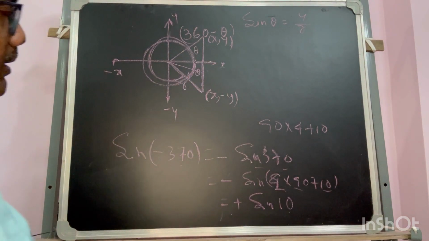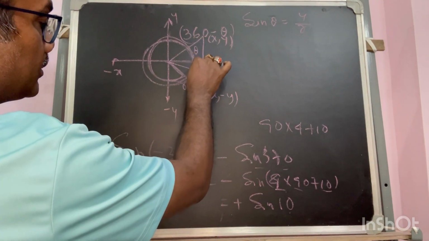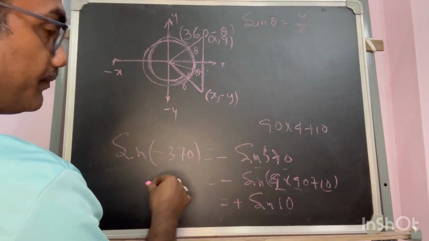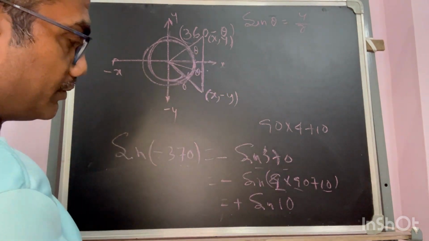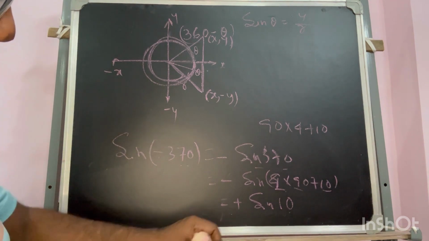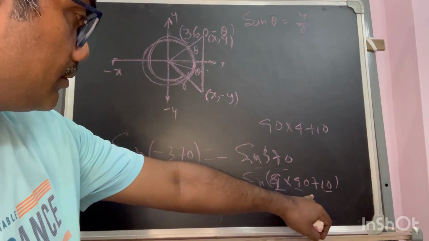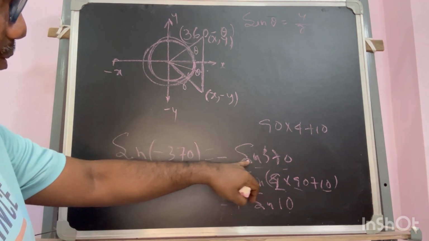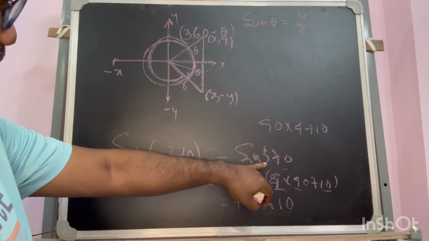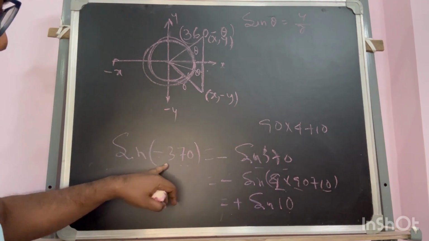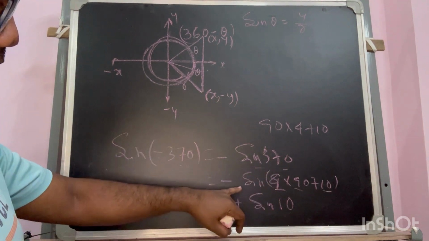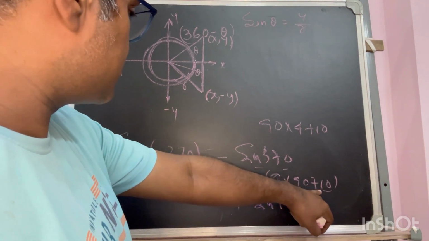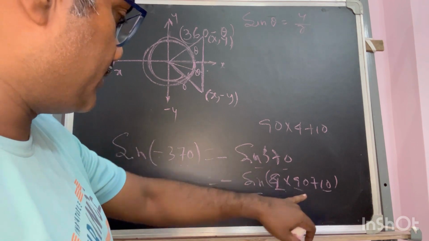After crossing 360, it is moving another 10 degrees. So minus 370 will be minus sine theta. Sine of minus theta is equal to minus sine theta, and that is equal to 4 into 90 plus 10.